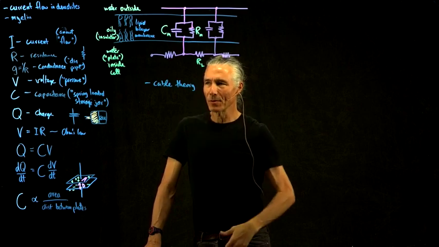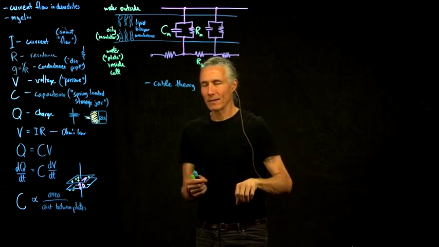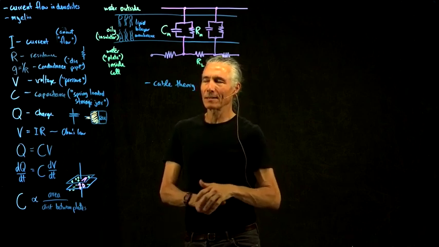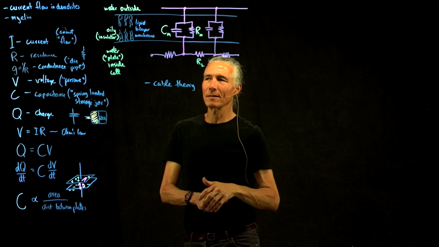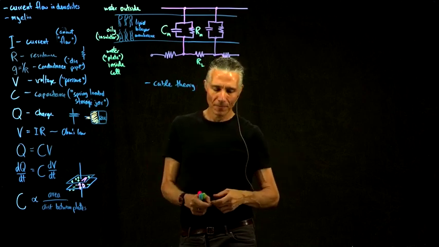And why is it cable theory? Well, it's basically a cable with a conductor inside and an insulator. But that insulator is going to have some capacitance, and so you have to consider that when you consider how the current is going to flow through it.